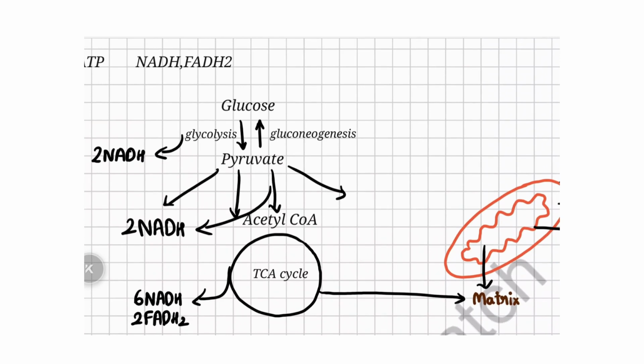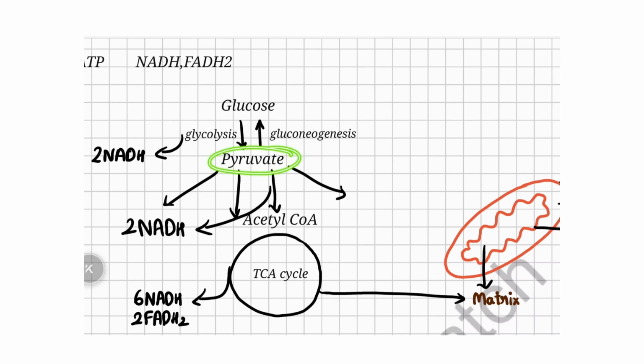So we all know that glucose can be converted into pyruvate through the process of glycolysis. Now, I want you to understand that the process of glycolysis occurs in the cytoplasm of the cell. And I'll tell you why this is important later. But through the process of glycolysis, we can yield two molecules of NADH.